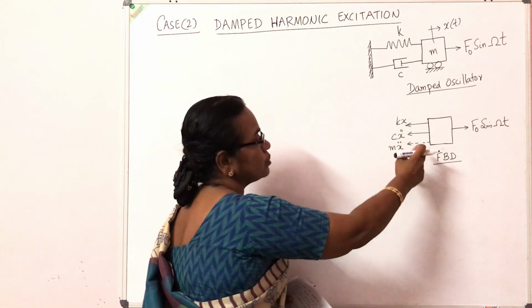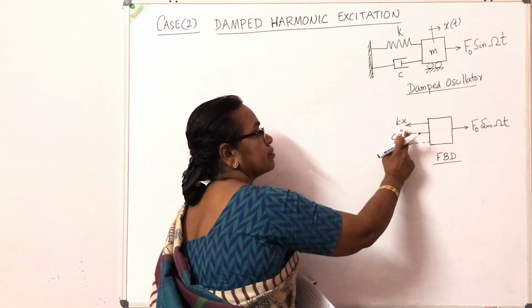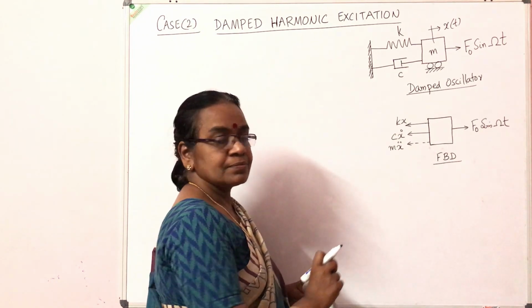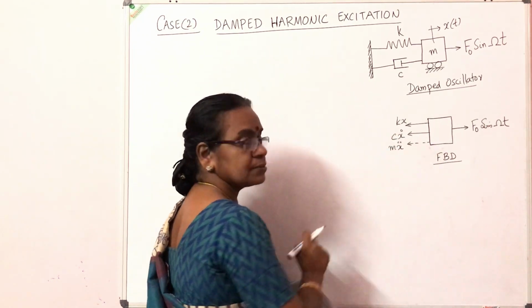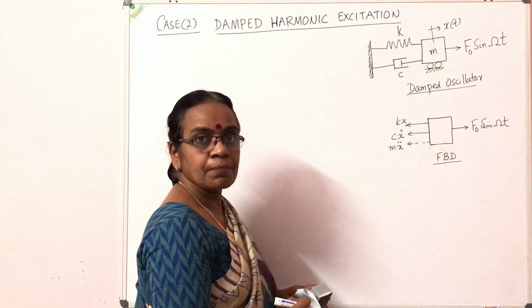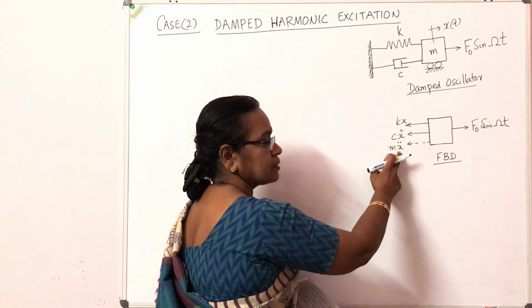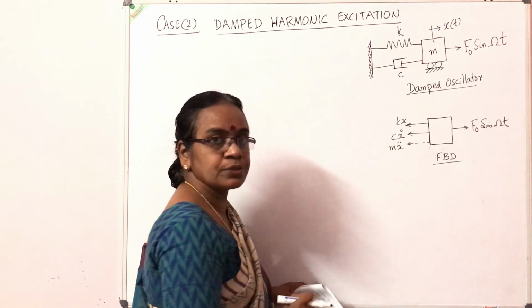Now coming to the free body diagram, this mass m is subjected to force k x, spring force, the damping force c x dot, the external force F0 sin Ωt, and we are applying the inertia force mass into acceleration m x double dot opposite to the direction of motion.